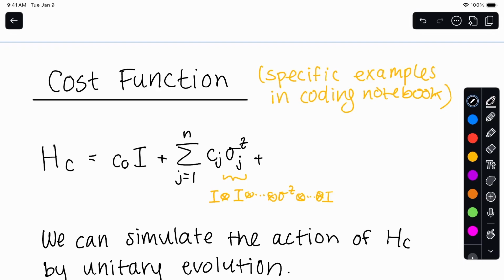And then we can also have higher order terms. So for any k greater than j, we could have Cjk, sigma j z, sigma k z. The cost function Hamiltonian is always going to take this form. And as we'll see later, this turns out to be really convenient for combinatorial problems.